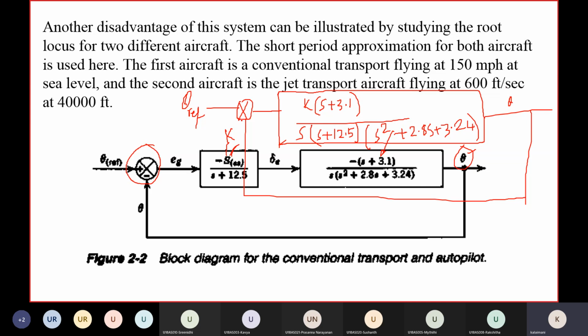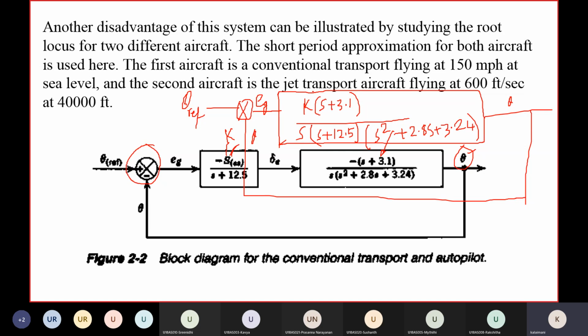We compare this theta with theta reference and get the error. Based on this error, the vertical gyro initiates the voltage to the elevator servo. Here is the combined transfer function: K times (s plus 3.1) divided by s times (s plus 12.5) times (s squared plus 2.8 s plus 3.24). It is the combination of aircraft dynamics along with the servo, where K is the gain.